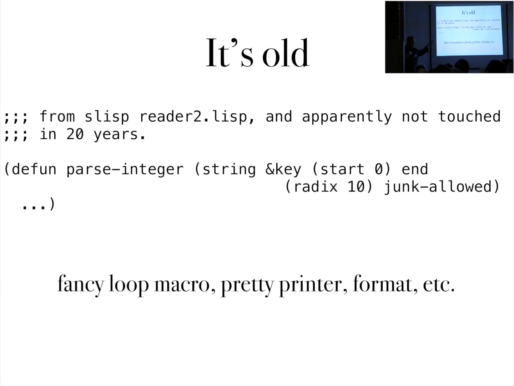That's what slisp is, SpiceLisp, and SpiceLisp was the ancestor of CMU Common Lisp. If you look at the fancy loop macro or the implementation of the pretty printer or of the format function, and you compare that to code in, say, CMU CL, you can see there's a lot of commonality there. So the old Lisp guys borrowed a lot of code from SpiceLisp. So, hey, let's pour it out for SpiceLisp. Thank you, SpiceLisp.